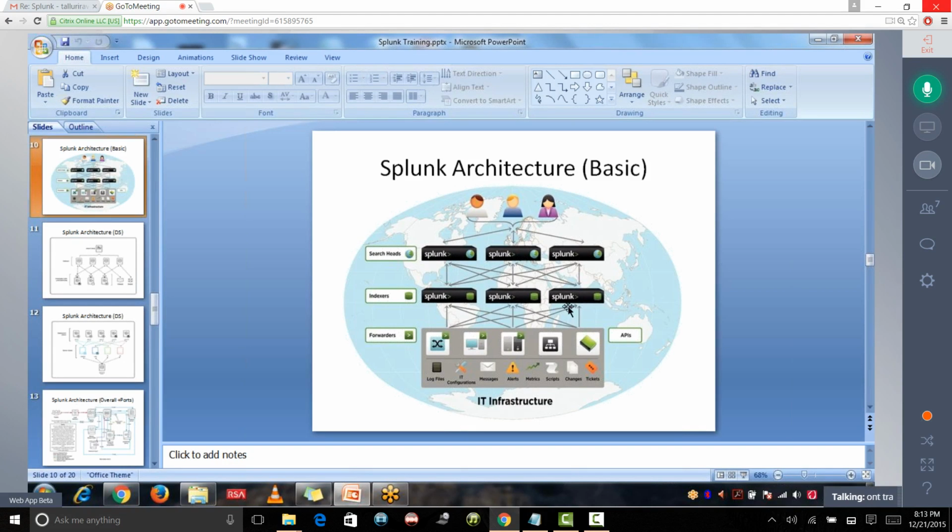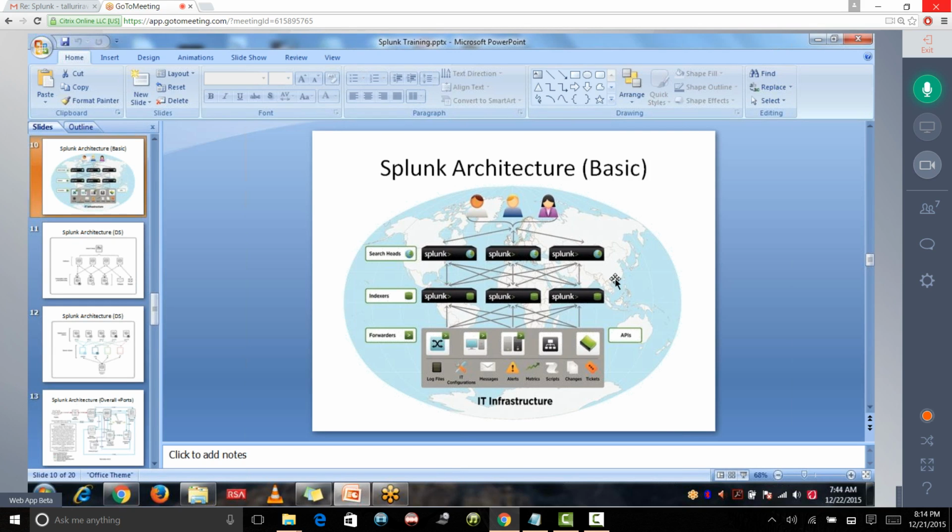Now the indexers get the data, and one more thing you need to remember: since it's a big data part, as I told you in my last class, Splunk is part of big data. When the data is pushed, you cannot rely on only one node. You need multiple nodes, so that the data will be replicated.